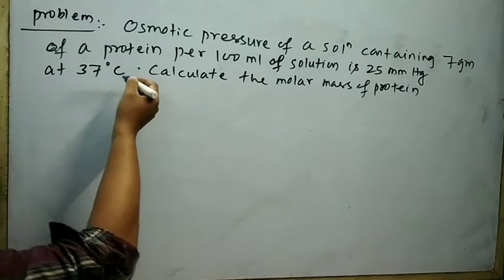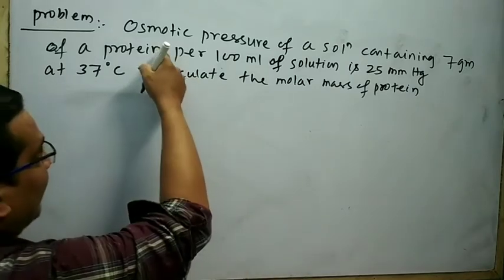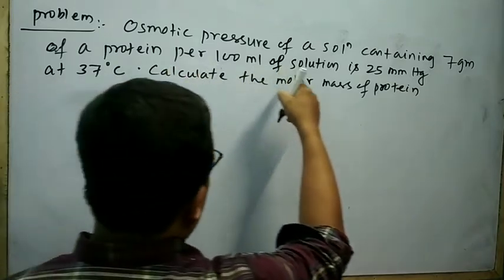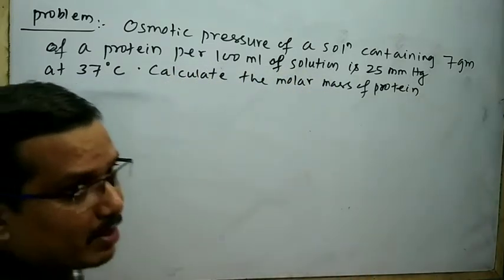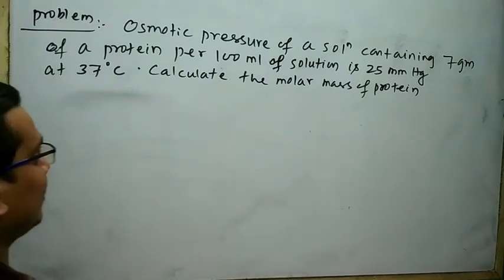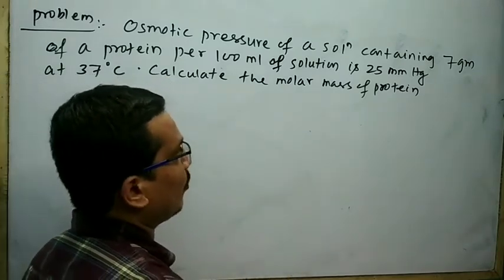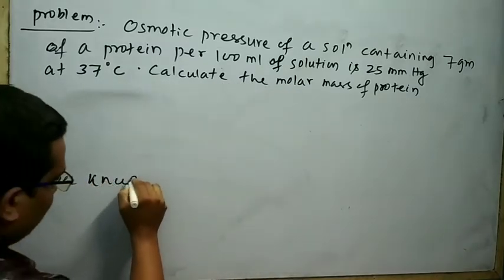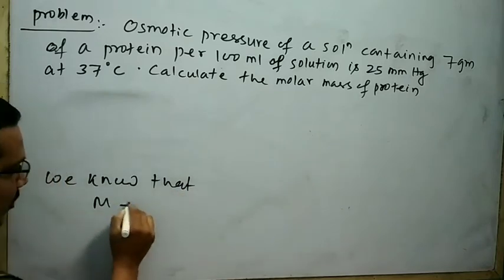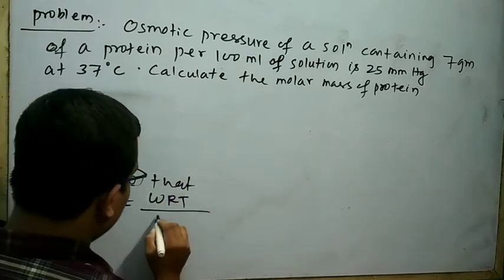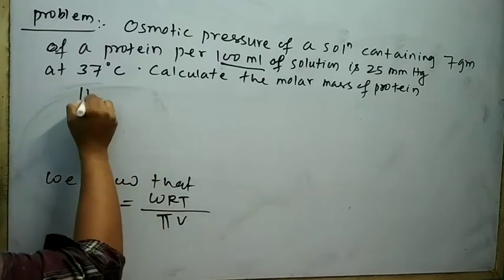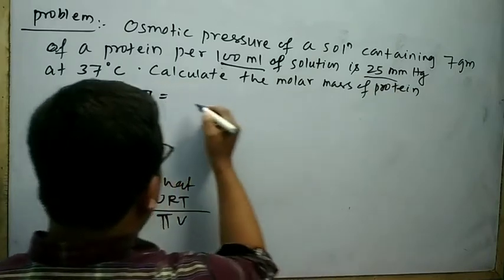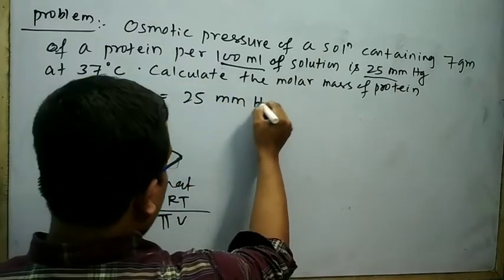Now I will solve a problem related to osmotic pressure. The osmotic pressure of a solution containing 7 gram of a protein per 100 ml of solution is 25 mm Hg at 37 degrees centigrade. Calculate the molar mass of the protein. We know that m equal to WRT divided by pi V. Here pi, the osmotic pressure, equal to 25 mm Hg.